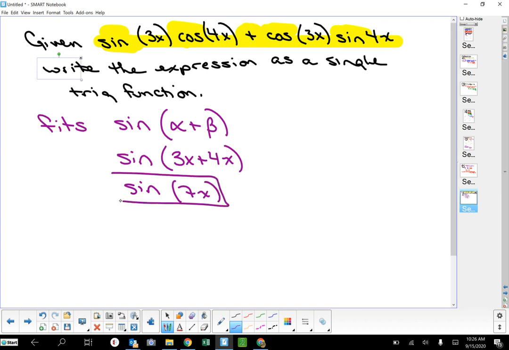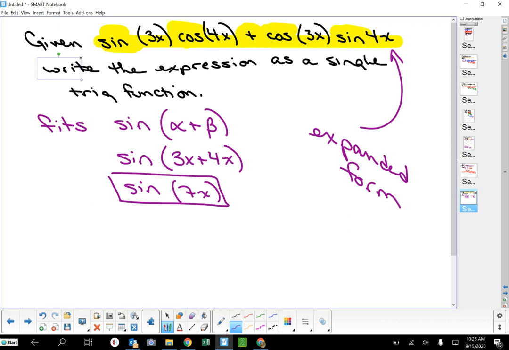And this is the answer that you would plug into Varsity. So they're looking to see if you can go backwards. Given the expanded form, right, that's what this is, the expanded form, can you figure out which actual function you need, sum or difference, sine, cosine, or tangent, put them in the right area, and then just combine it, okay? So that's how that's working out.